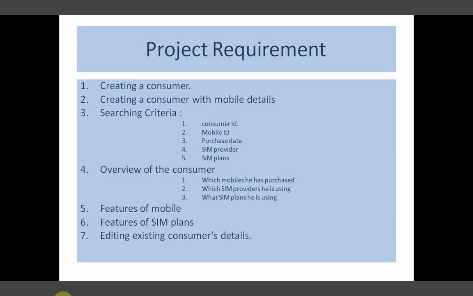For example, a consumer has taken a Samsung Duo, and since that is a Duo, he would be using 2 SIM cards. That detail also should be available to him: which SIM provider he is using and which SIM plans he is using.